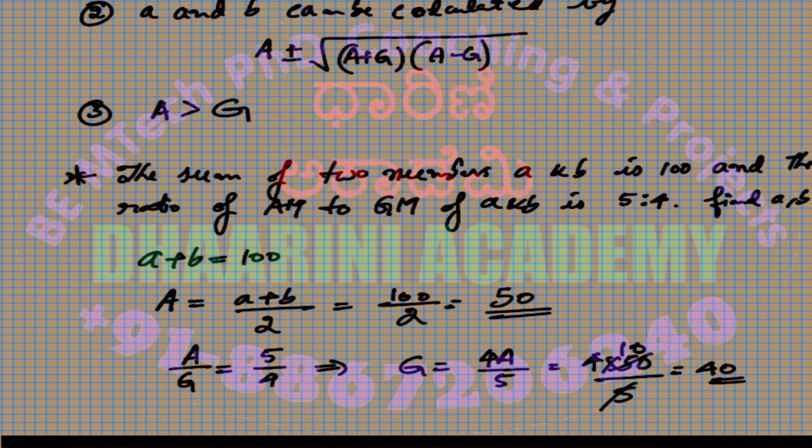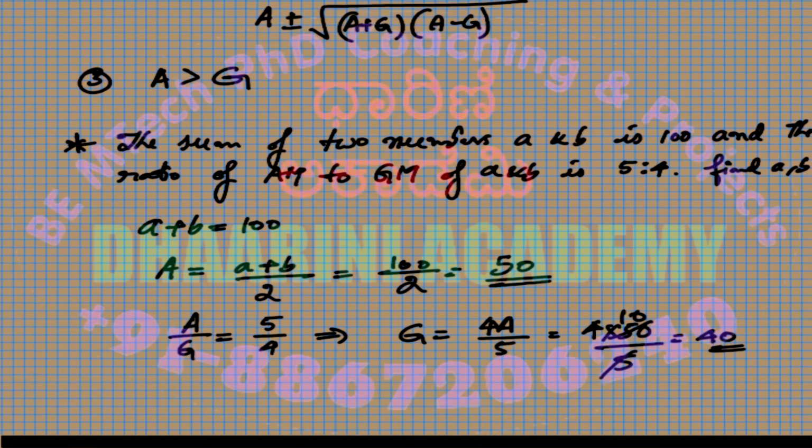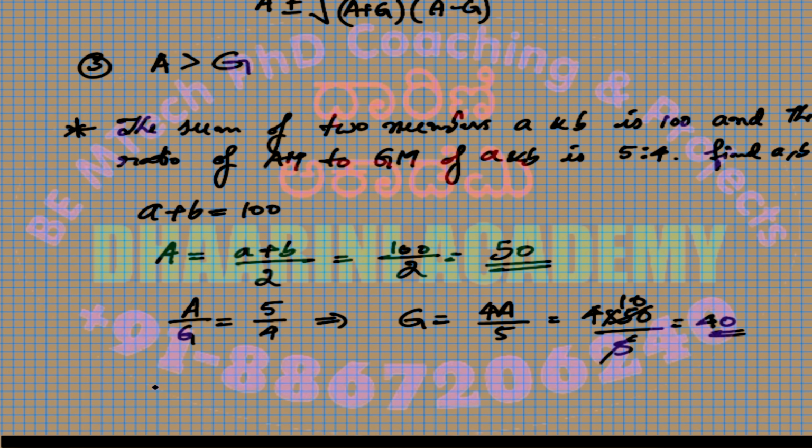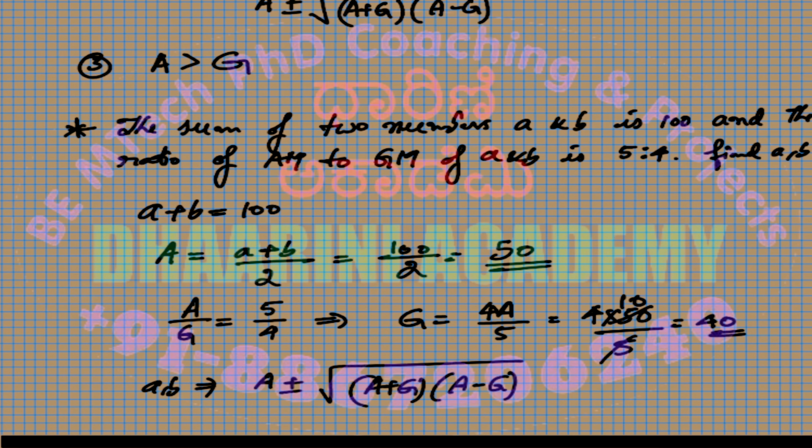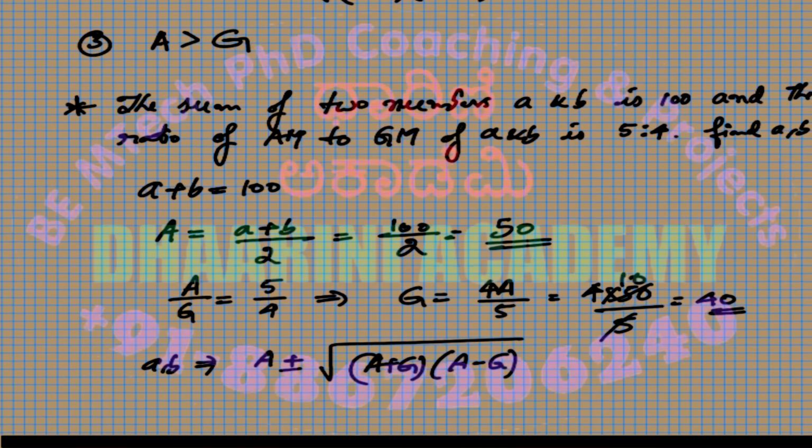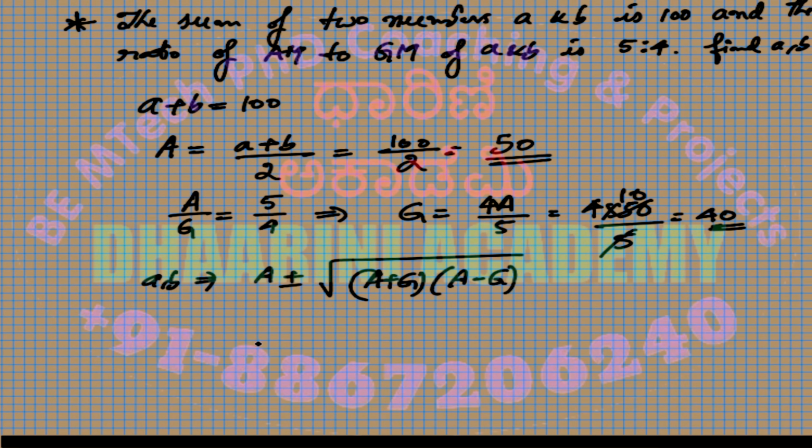So a comma b can be found directly by applying this equation, right? a, b can be found by using capital A plus or minus root of (A plus G) into (A minus G), right?